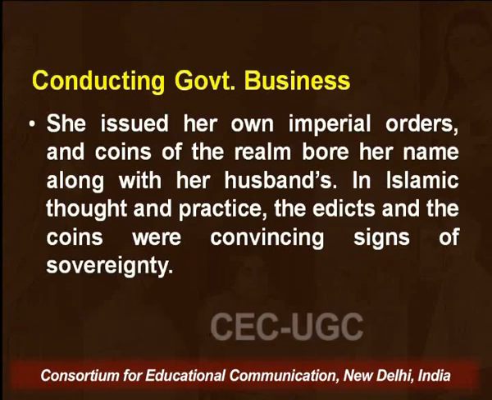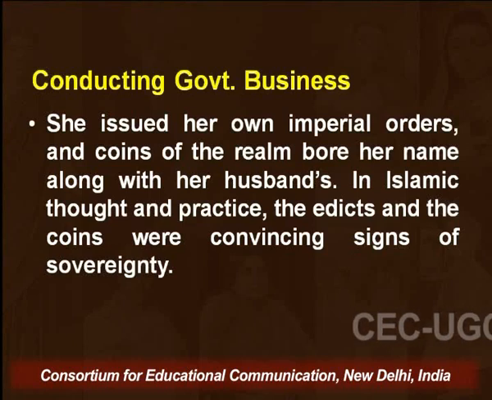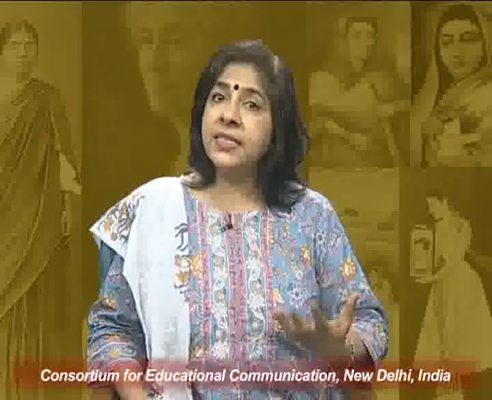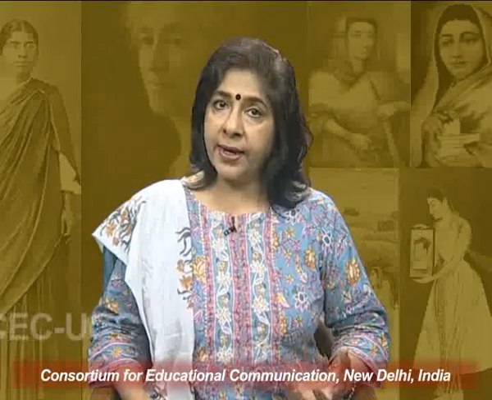In Islamic thought and practice, the edicts and the coins were convincing signs of sovereignty, and Nur Jahan was clever enough to know this, and so she wanted to exercise sovereignty in her own right.